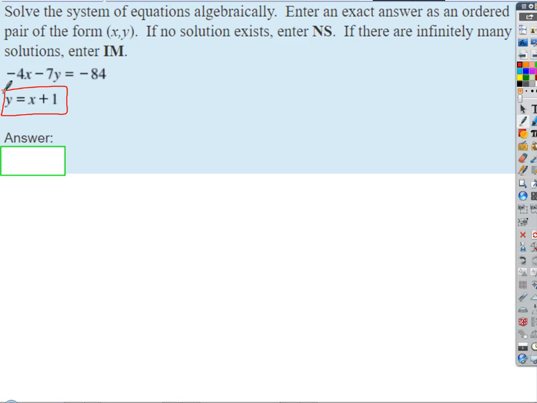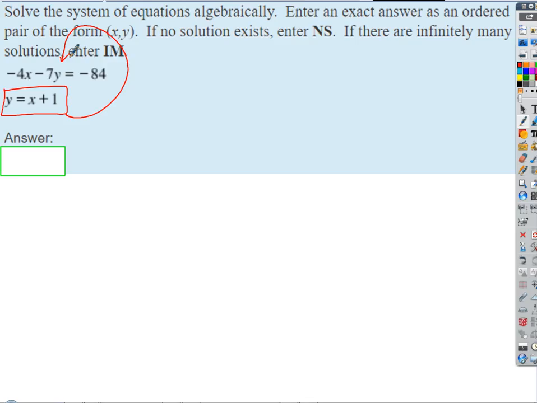Y is already isolated. When you're solving by substitution, always put a box around the substitution equation. That's my hint, because you're going to come back to it. And so what this means then is, because I've solved for y in the second equation, that's the substitution I'm going to make into the first equation, right?